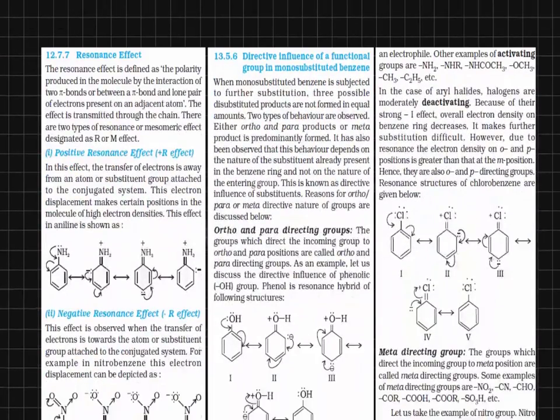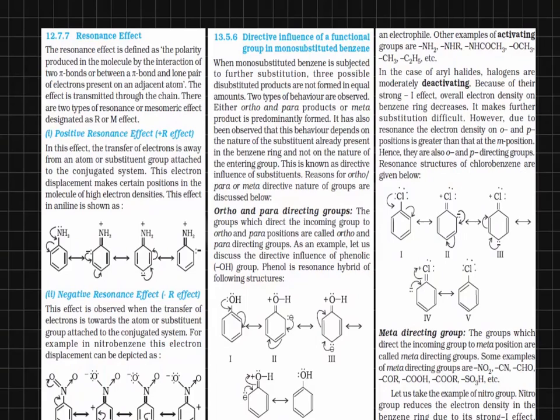There are two different topics. Resonance effect. The resonance effect is defined as the polarity produced, polarity is charge, in the molecule by the interaction of two pi bonds or between a pi bond and a lone pair of electrons present on an adjacent atom.